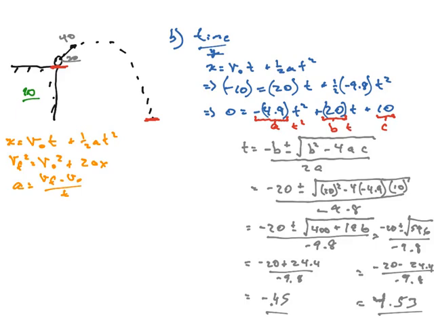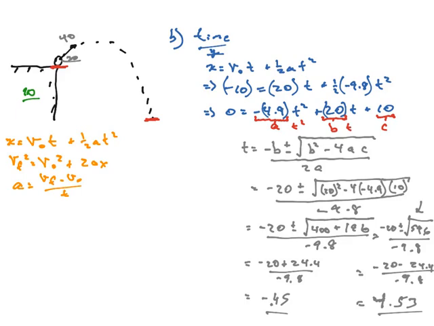I then use the quadratic equation, then just replace the A's, B's, and C's with the numbers. Then you just take it step by step, simplifying the numbers down. Eventually you get down to this right here, which has a plus or a minus in it, which means 2 different answers. One answer you use the plus, the other answer you use the negative. The plus answer gave me negative 0.45. The minus gave me 4.53.